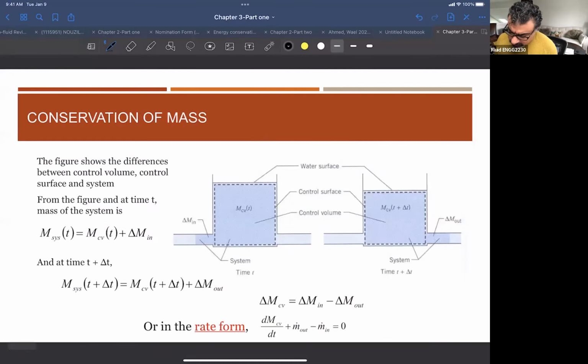Okay, right. So starting in this chapter, we call it the conservation of mass. The conservation of mass is an important law governing fluid flow in a system. In order to understand this, there is something called the Reynolds transport theorem, right?